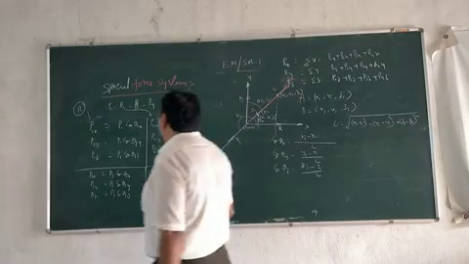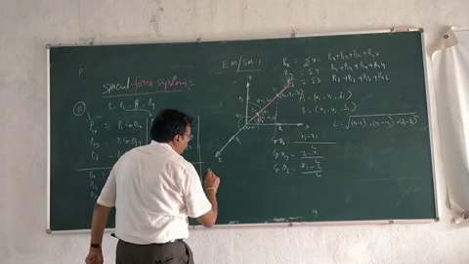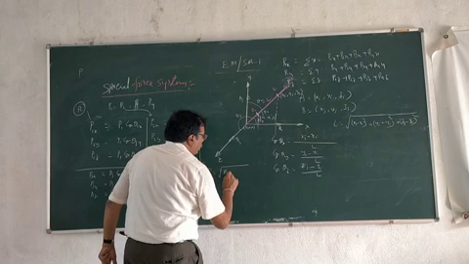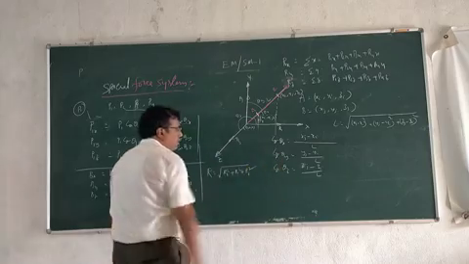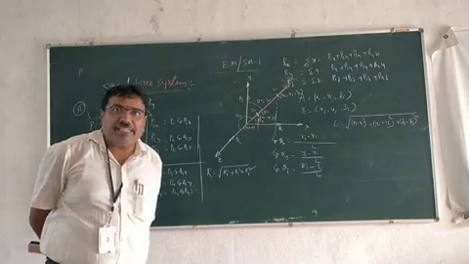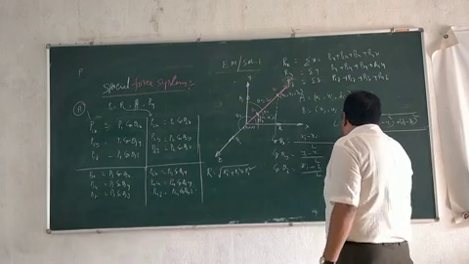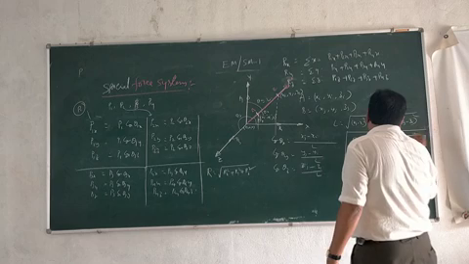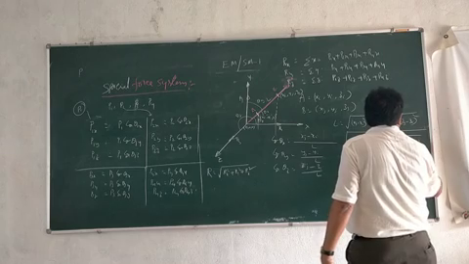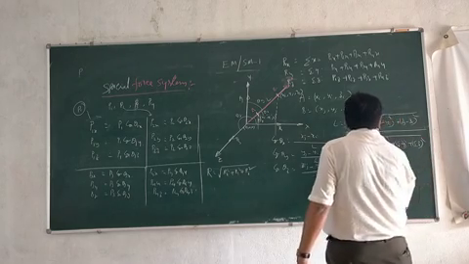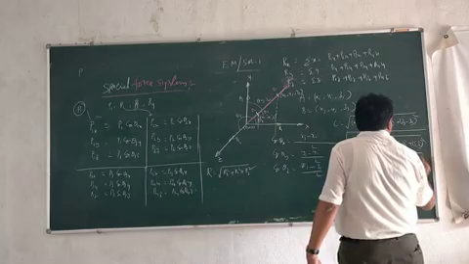The resultant R is equal to root of Rx square plus Ry square plus Rz square. That is the resultant value. The magnitude of the resultant for the spatial force R is equal to root of sigma x square plus sigma y square plus sigma z square, that is root of Rx square plus Ry square plus Rz square.